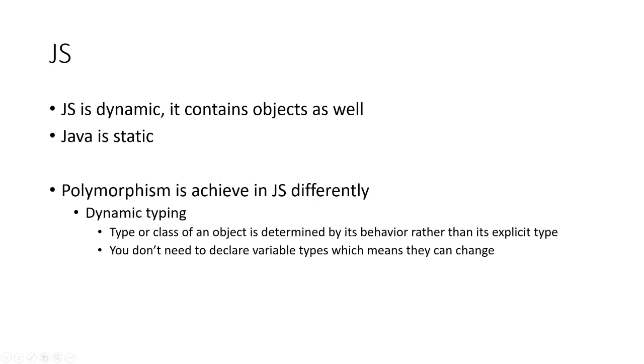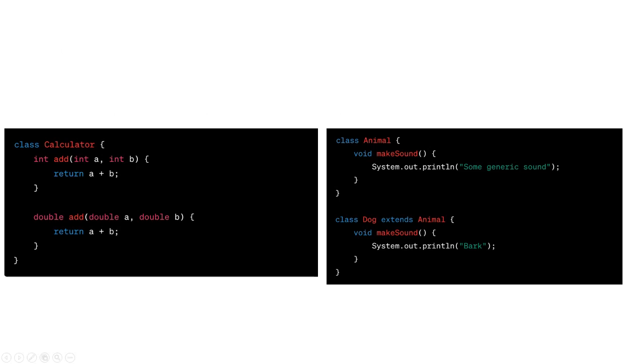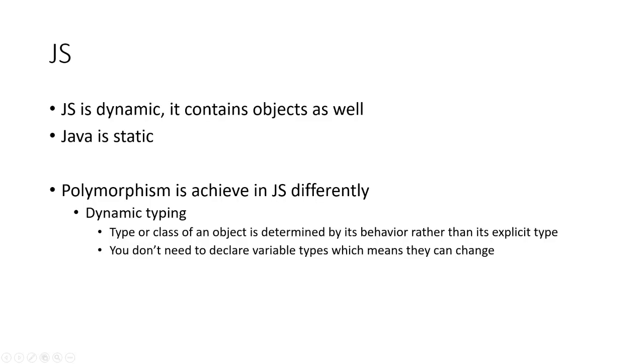If we go back to the previous slide, in the calculator class on the left, you have to mention that argument A is an int, argument B is an int, and it's returning an int. In JS, you don't really have to do that.